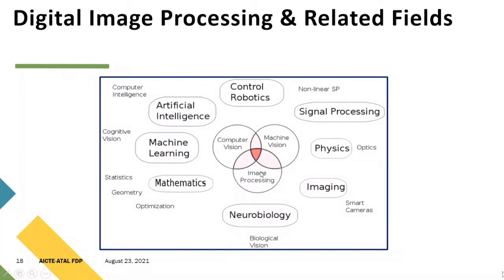Image with computer, with machine, all three. So image processing has application in optics, imaging, signal processing, controls, robotics, artificial intelligence, machine learning, statistics, biological fields. It has application in almost all the fields, right?